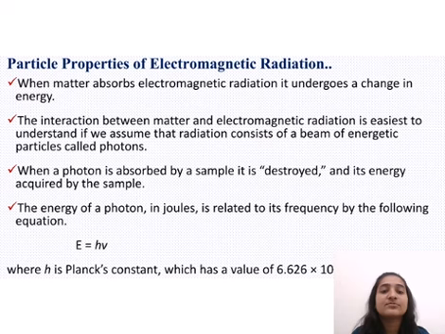The energy of a photon in joules is related to its frequency by the following equation, that is E is equal to h nu, where h is Planck's constant, nu is frequency, and E is the energy of a photon. The Planck's constant value is 6.626 x 10^-34 joule seconds.